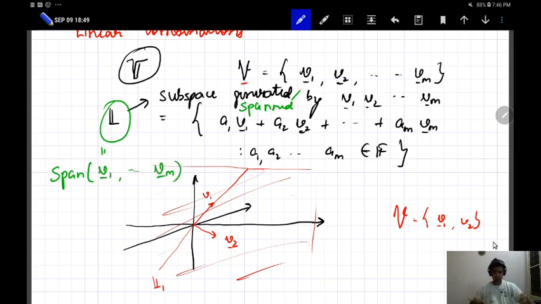Some people also add a qualifier saying that this is the linear span of v1 up to vm, but at least in this course we're only dealing with linear systems. So whenever I say it is a span of v1, v2 up to vm, then I mean the vector subspace which is generated or spanned by v1, v2 up to vm.